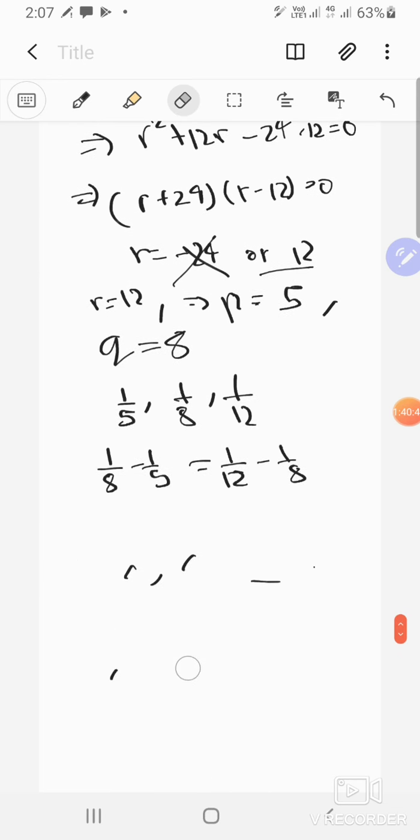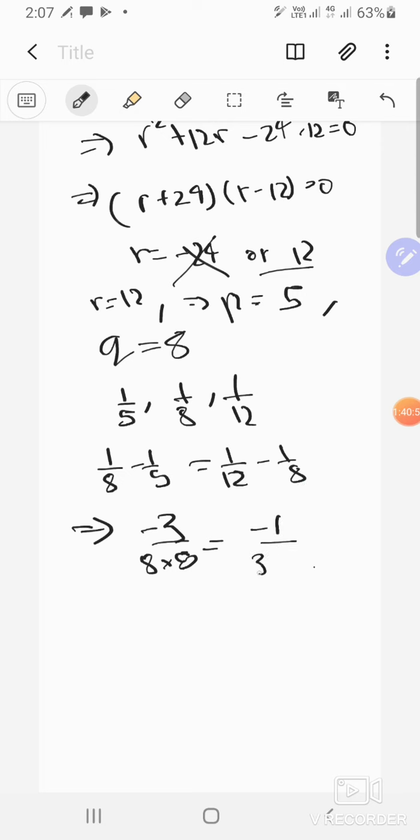Let's see what we get. That will give me 5 minus 8 is minus 3. So minus 3 upon 8 into 5 has to be equal to 8 minus 12 is minus 4. So minus 1 upon 3 into 8. That is not working at all. So no, this does not work.